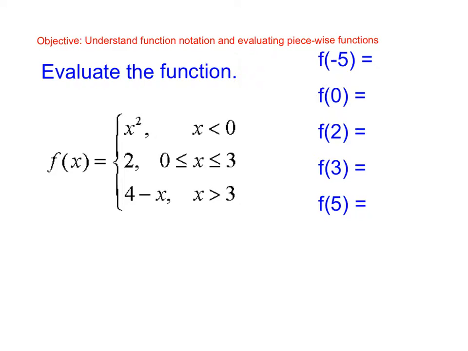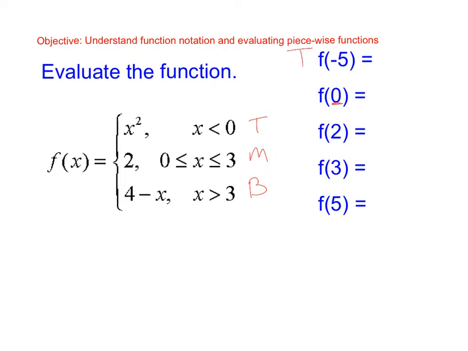So negative, let me change my color. All right, so -5 goes into, and what I do sometimes is I'll label these like top, middle, bottom. -5 is going to go into the top. 0, now with the 0, where is it equal to? 0 is not less than 0.